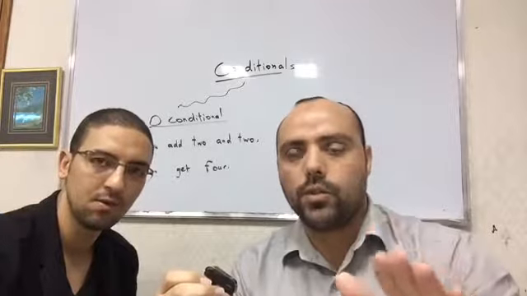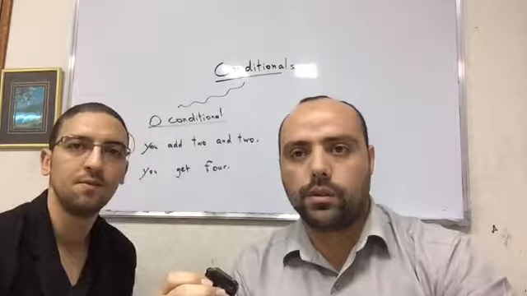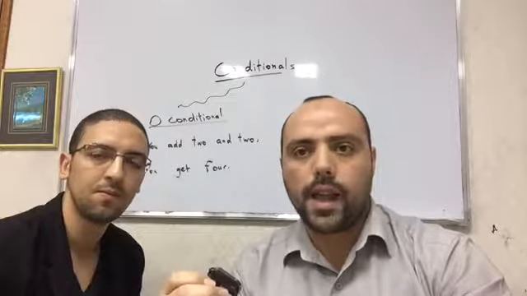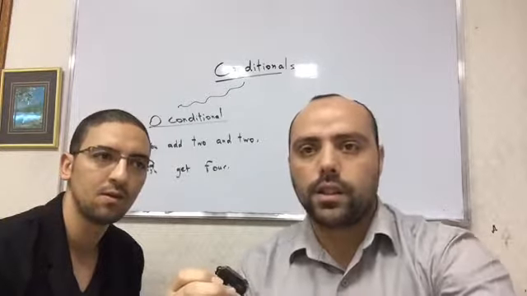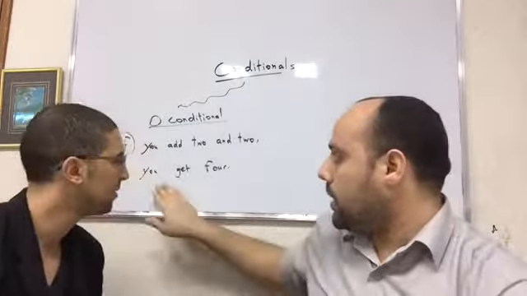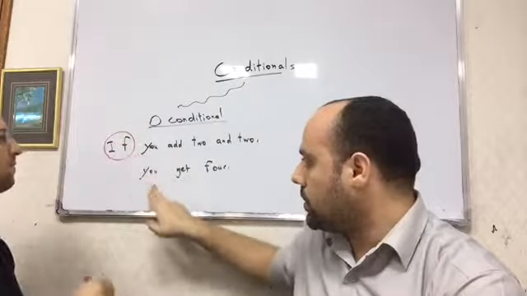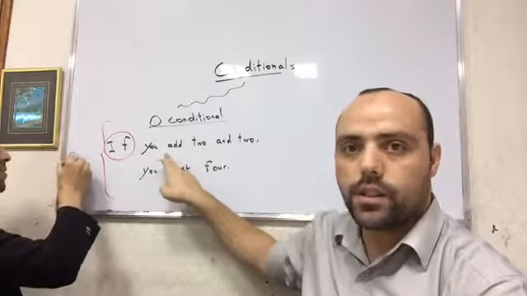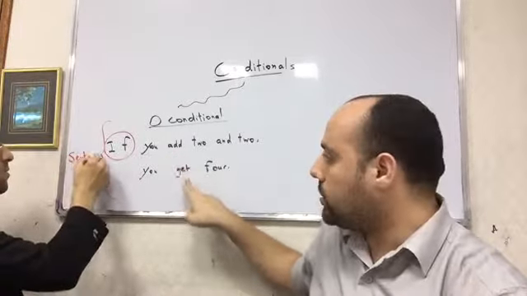You're going to use only the present simple form of the verb, and also in the second clause. As you can see here, you have two different clauses. The first one is the condition, the if clause. This is the conditional clause, and that comes as a result.